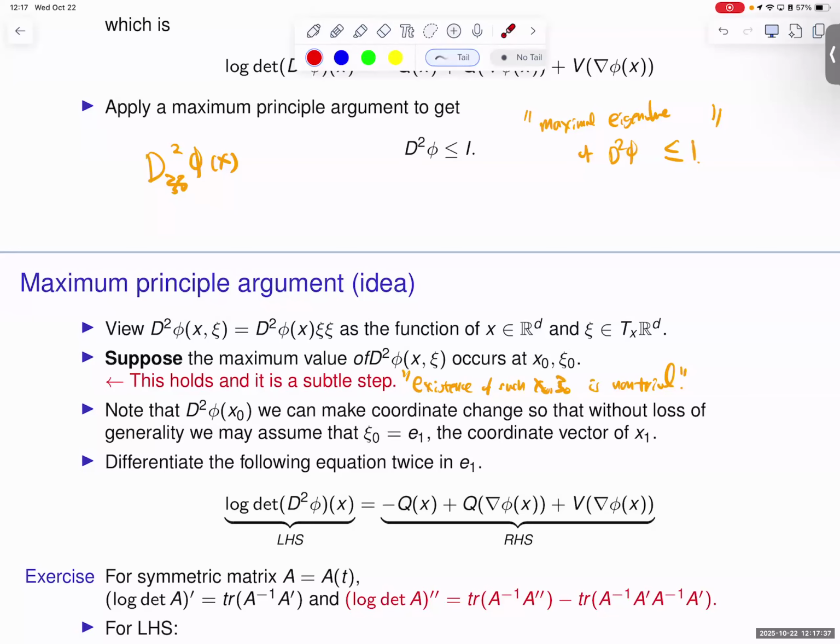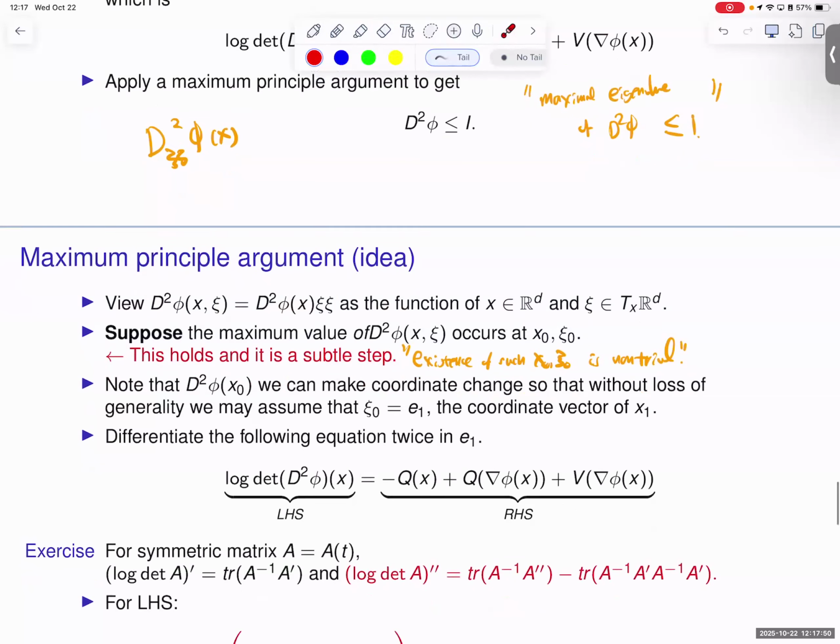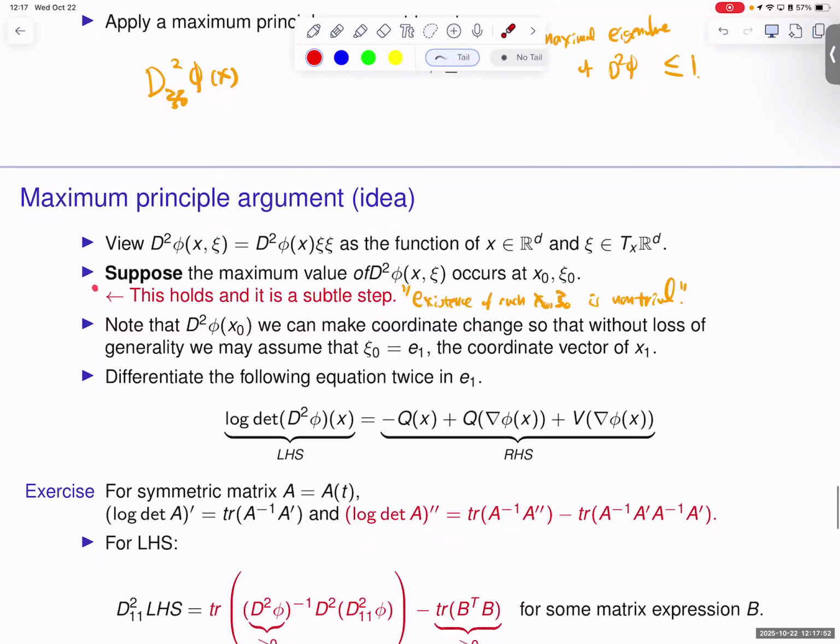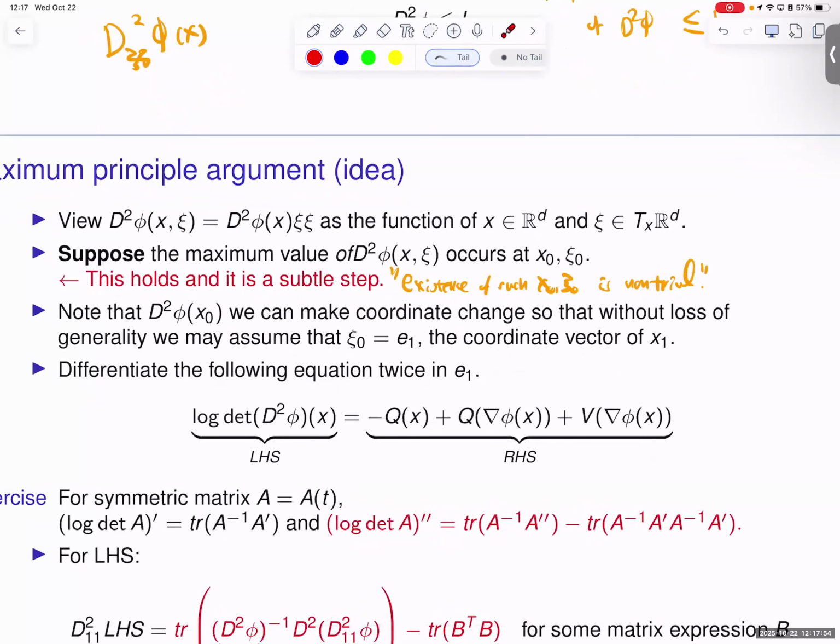That is a subtle part in Caffarelli's method. I'm not going to do that because it's a subtle part. But suppose you can find such a maximum point, and then let me do the rest. So this now has the maximum eigenvalue in the direction c0.